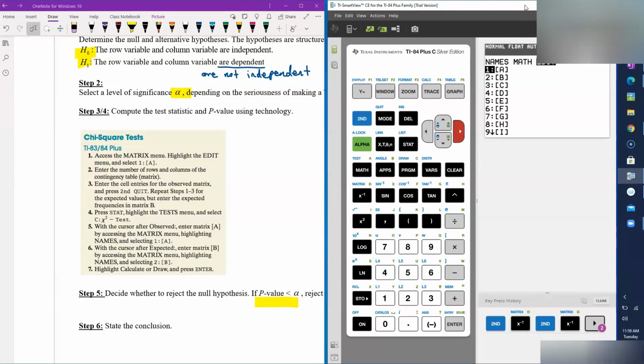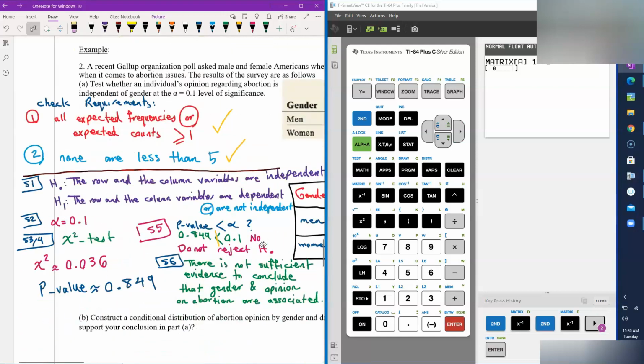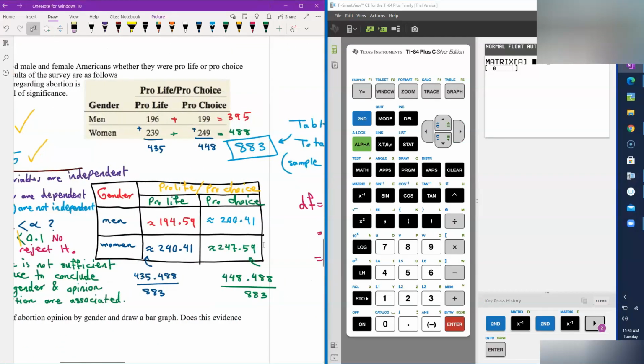Enter. Now what we have on this page is matrix A. This is 1 by 1, so one row and one column. But what is given here is 2 rows and 2 columns, so it's 2 by 2. Changing that one to 2, and here 2. See, now I have all 4 cells.